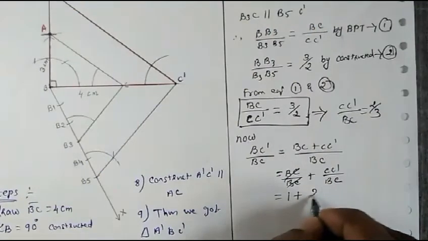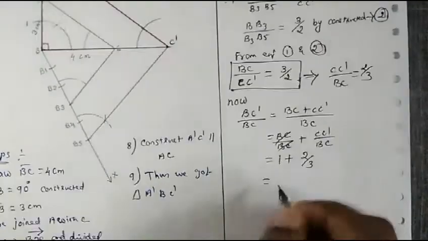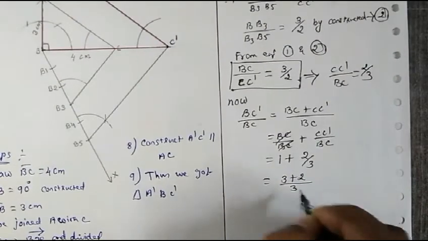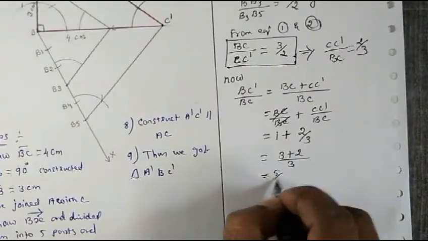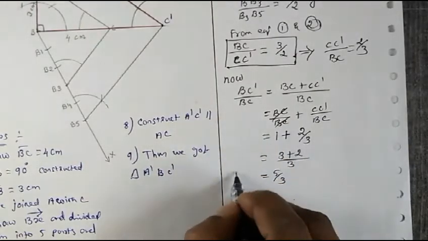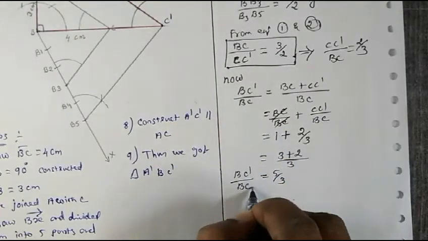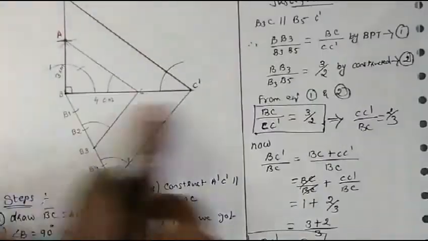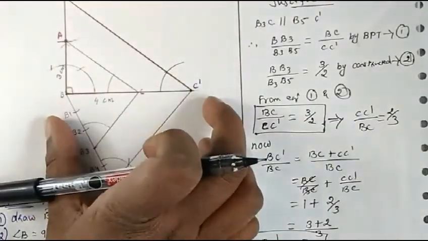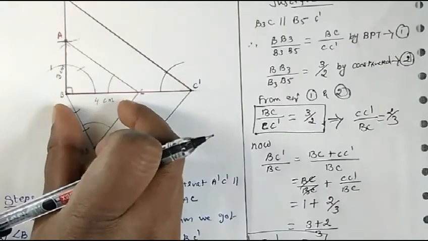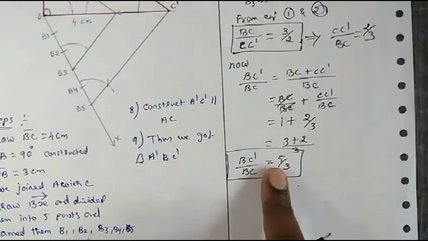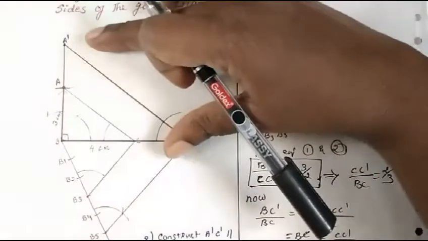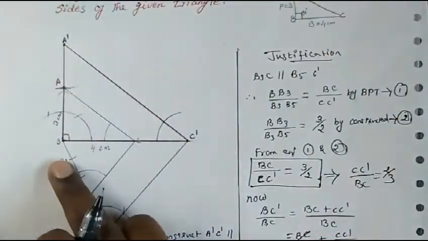So this is the value, 2 upon 3. Take the LCM. 3 into 1 will be 3, plus this 2, 3. So 5 upon 3, that is BC dash upon BC. So this big side of the triangle upon small side of the triangle is 5 upon 3, we have proved. Same way we have to prove the other two sides, this side also and this side also.